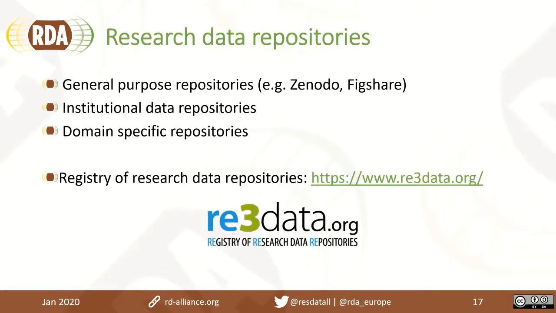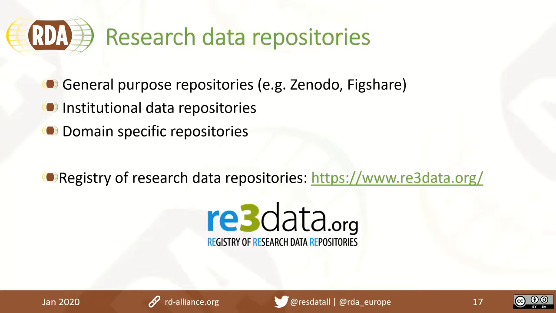Regarding repositories, as I mentioned, we have different kinds of repositories. We have this distinction between general purpose repositories, like the Zenodo repository that I mentioned. Then we have institutional repositories. A lot of universities have their own repository, and then the domain-specific repository.